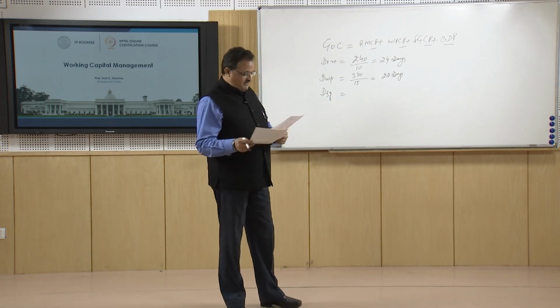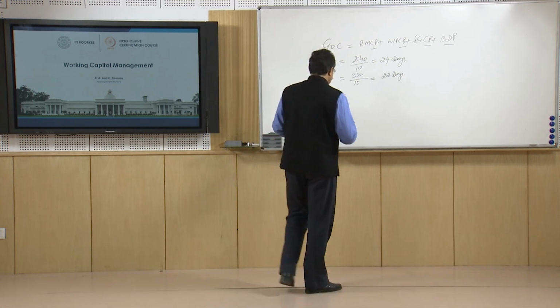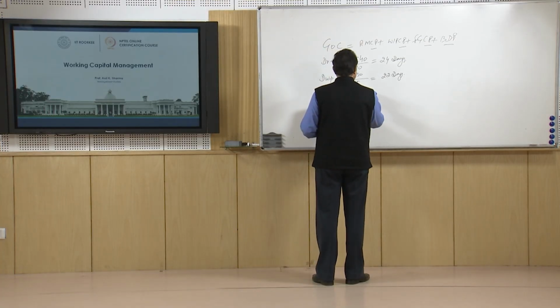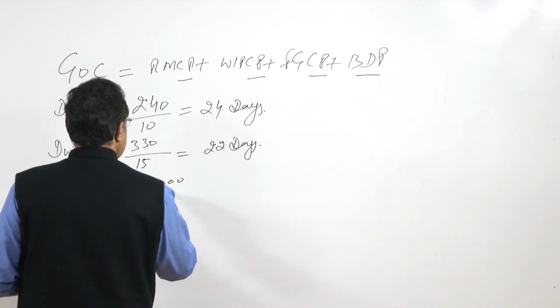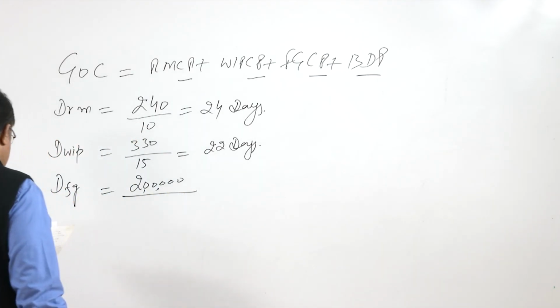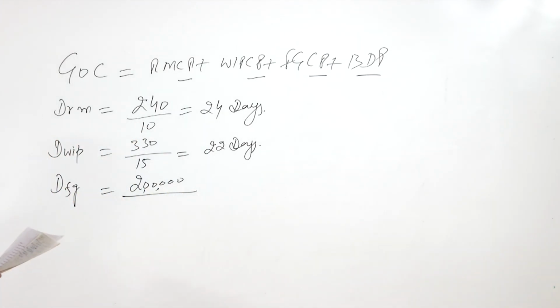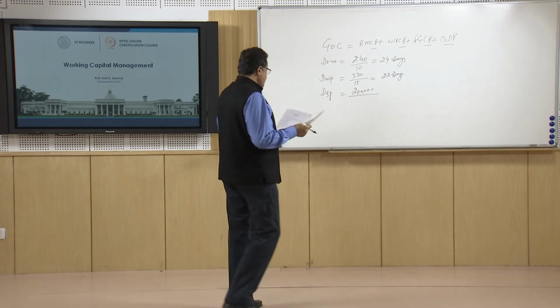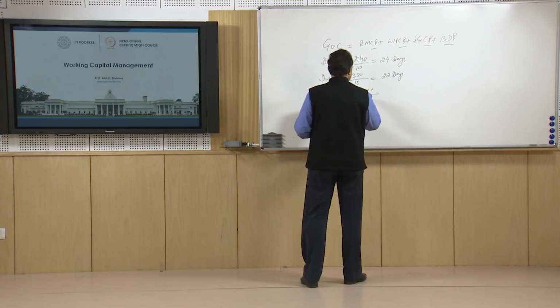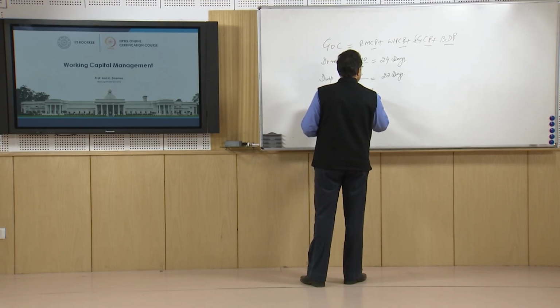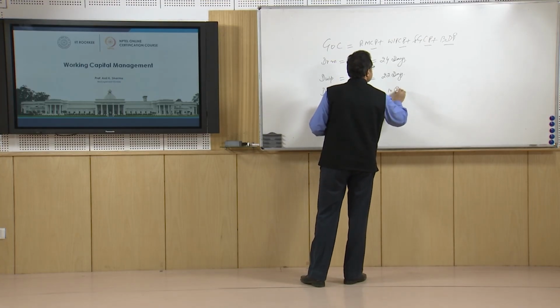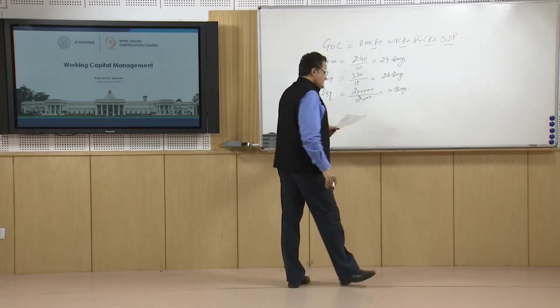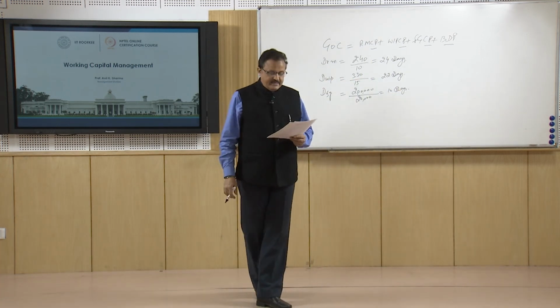The average stock of finished goods is 2 lakh rupees, and the denominator, the average cost of goods sold per day, is 20,000. So the duration we have calculated here is 10 days.